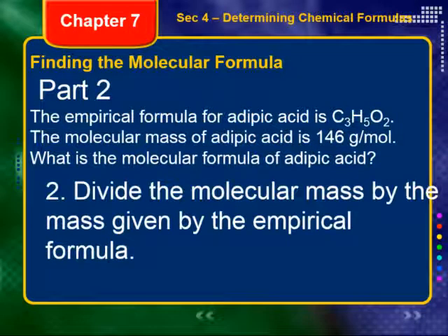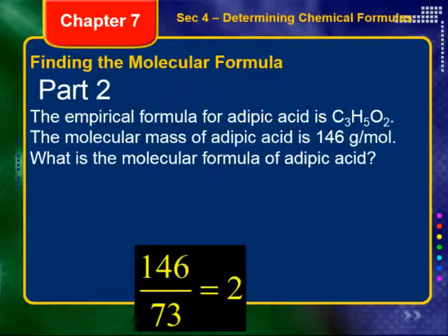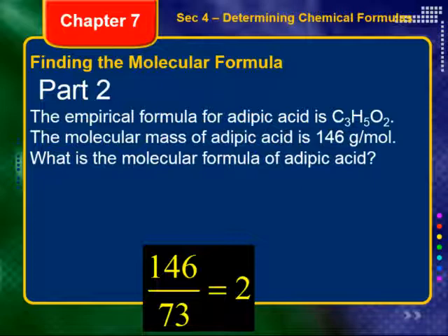So we're going to take this 73.08 and move into part 2. We're going to divide the molecular mass by the mass given by the empirical formula. The question says the molecular mass is 146 grams per mole. I'm going to divide that by what I just determined, 73. Oh, but it was 73.08. Again, with increased exactness and precision, that would come out to be a fairly whole number.